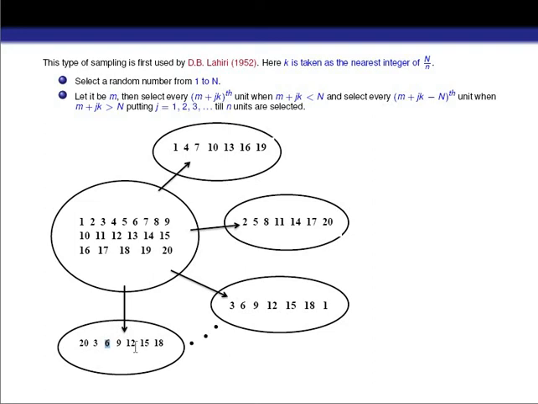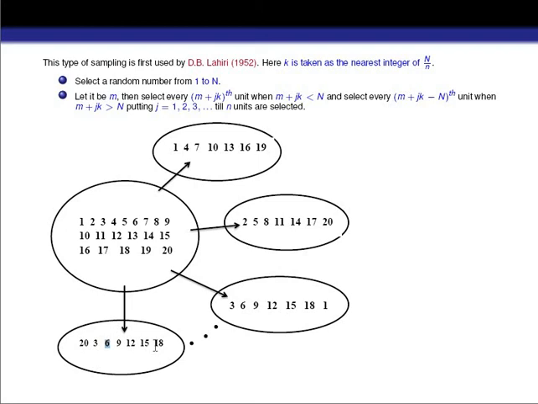From this you can understand that systematic sampling is an easier option compared to simple random sampling, stratified random sampling, or quota sampling. That means of all the sampling techniques we have discussed so far, systematic sampling is the easy option.